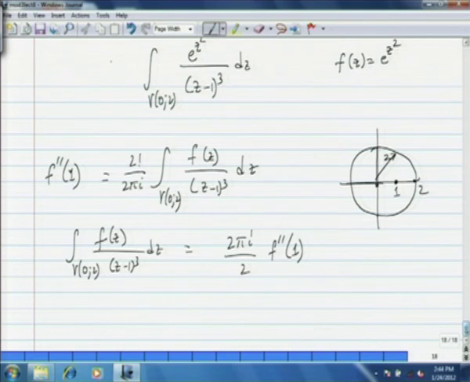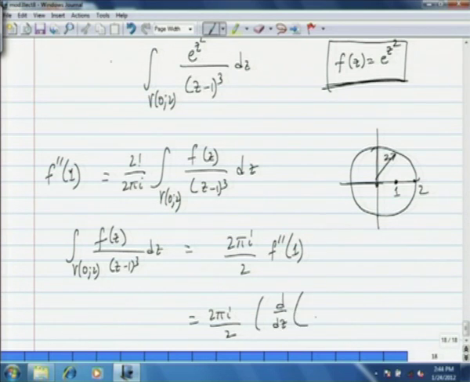So, we can easily compute the second derivative of this function f(z) equals e^(z squared). This gives us 2 pi i by 2 times the second derivative, that is the first derivative of 2z e^(z squared). That is, take the first derivative of e^(z squared), and then take its derivative again, and all this evaluated at z equals 1.